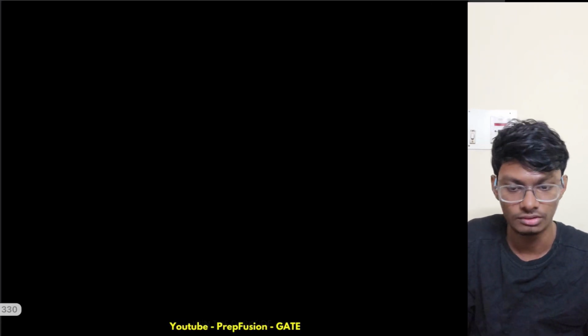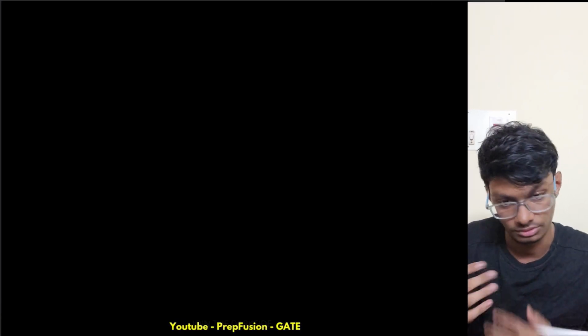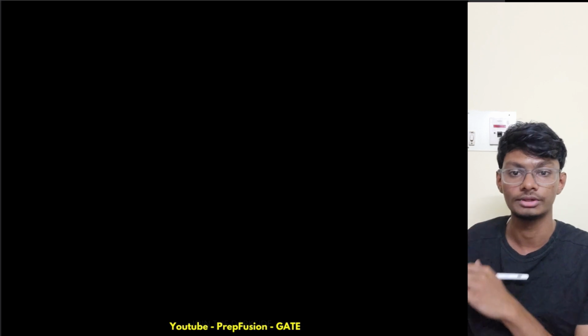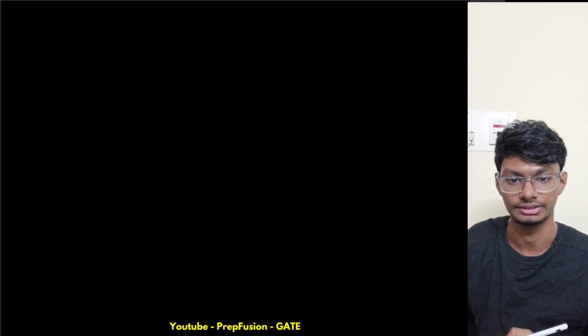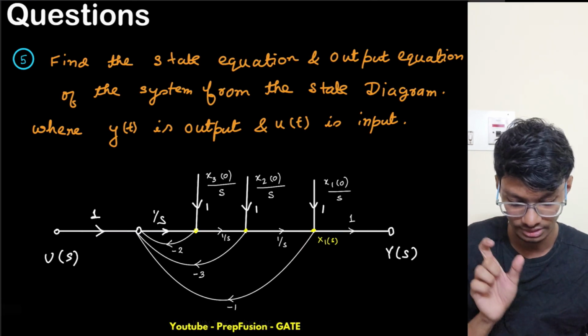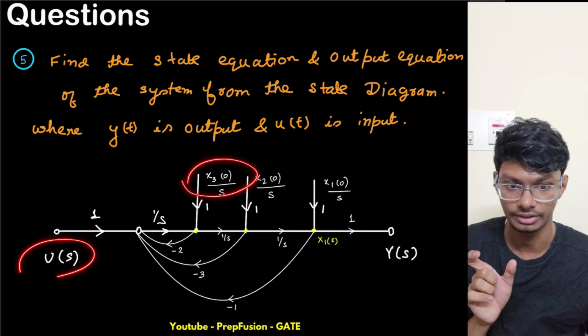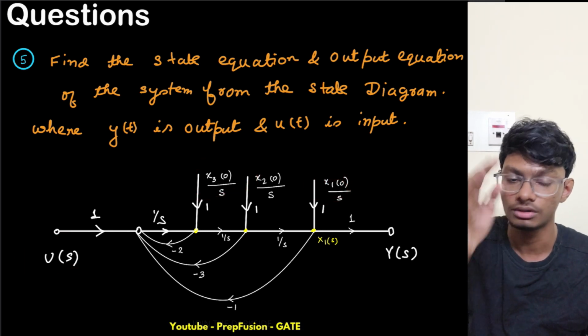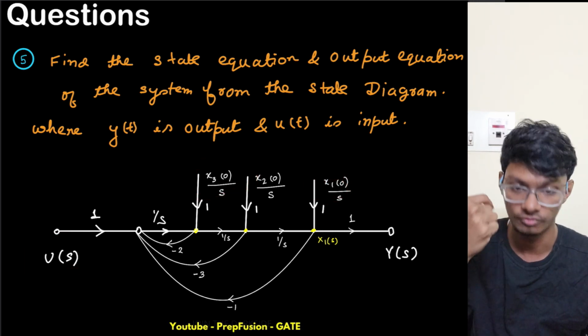We'll follow the simple steps that I told you in the earlier examples. To solve for the state equation from a state diagram, we'll write the terms in the time domain, remove the 1 by s terms, and remove the initial conditions.